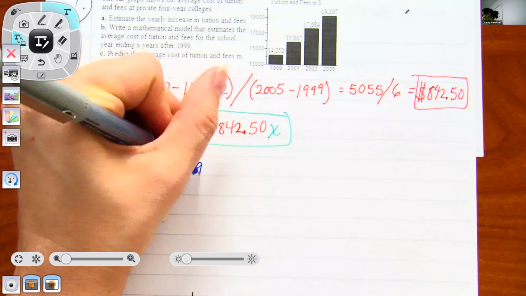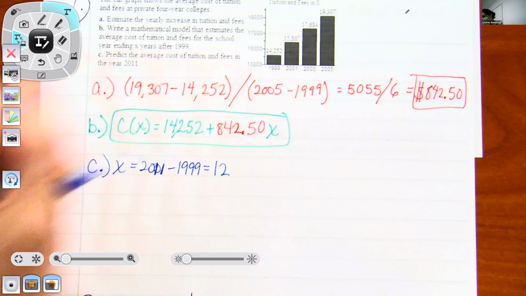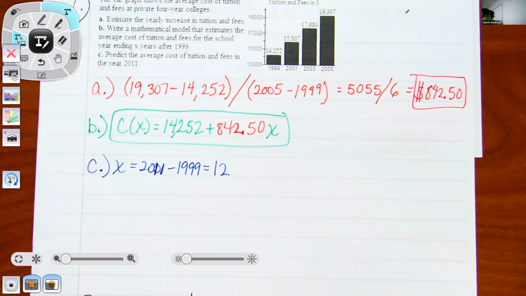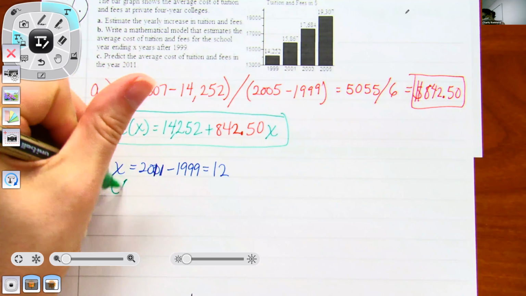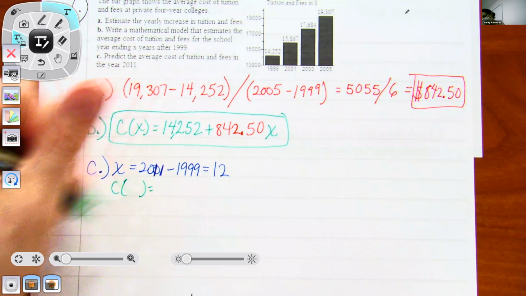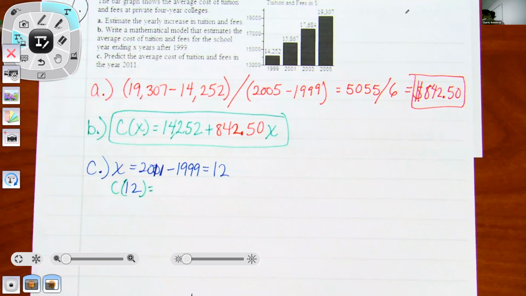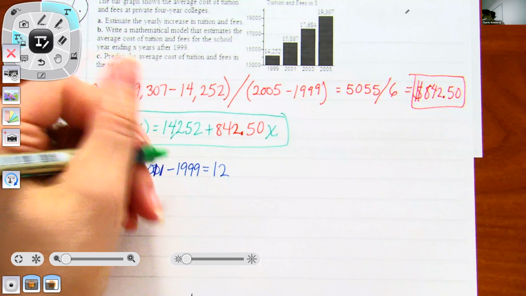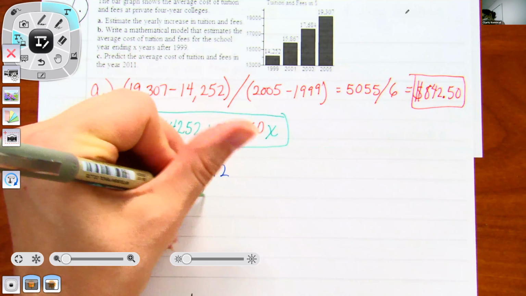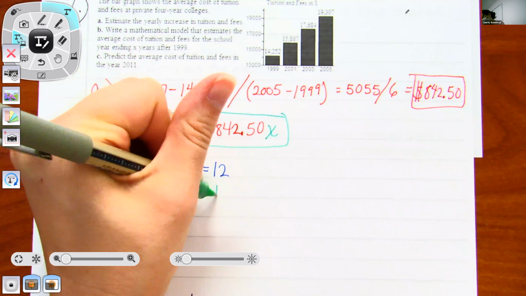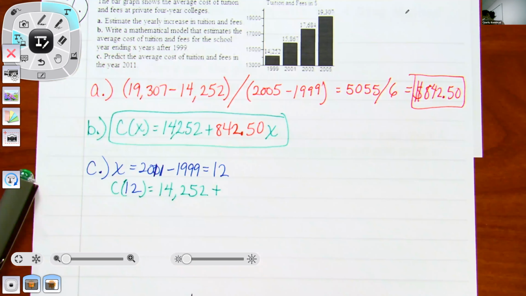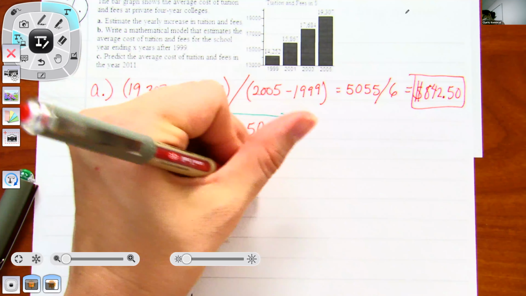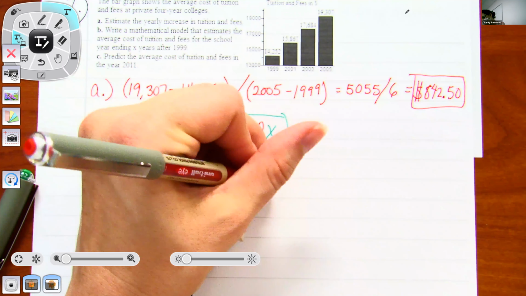So X is equal to 12. And we want to plug that 12 into the function. So C of 12 equals 14,252 plus 842.50 times 12.